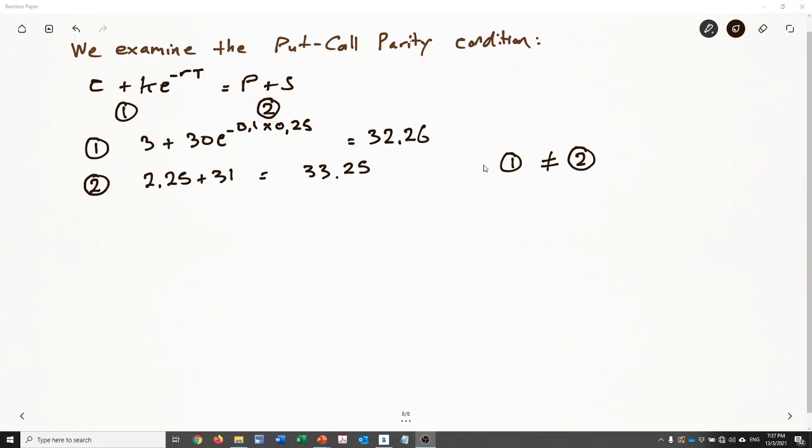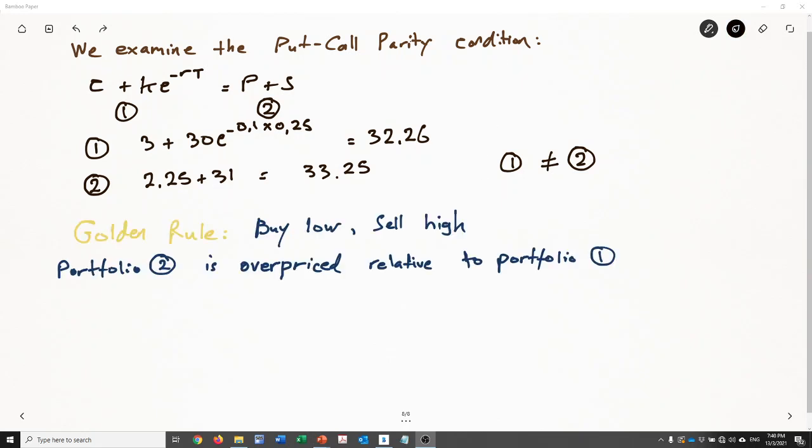What should we do when we are faced with an arbitrage opportunity? Well, we apply the golden rule. And we know that the golden rule states that we should buy low and sell high.